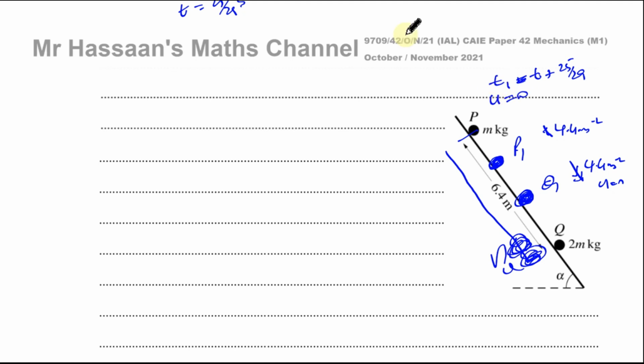That's going to be the time for P. You can say T equals the T we're looking for plus T1. This is T1, the time it took for Q to reach here. And for Q, it's just going to be from here to here. It's just going to be the time T. This is if we consider P starting from the beginning here. The distance it's traveled is going to be, let's call this X. Or in fact, let's call this X plus.